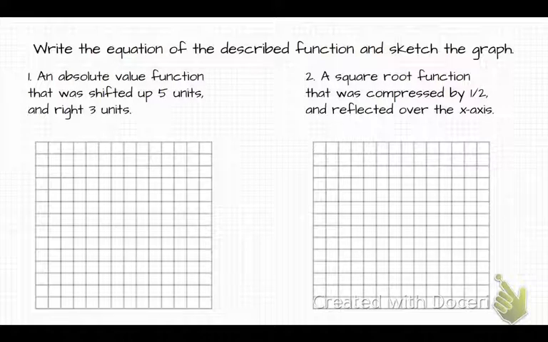So what kind of function am I looking for? What does it say? What is the name of the function I'm using for number 1? Absolute value. And what does that look like when I write it? Yeah, okay, so it looks like a V. What does the equation look like, though?